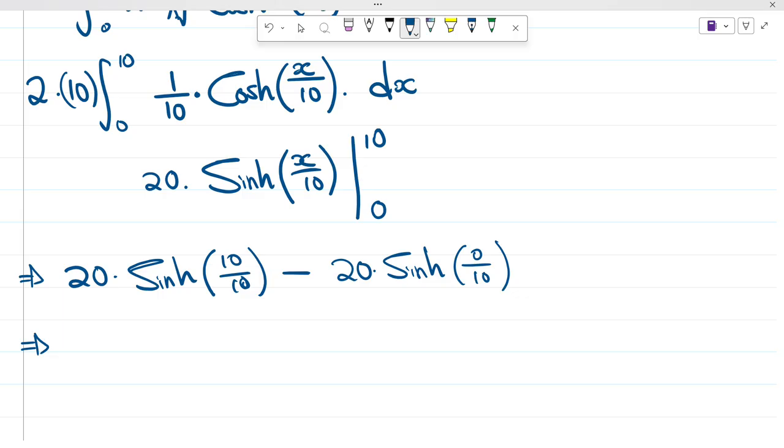So just a second, I'm also pressing on my calculator. Please be patient with me. Hyperbolic sine of 1, minus 20 hyperbolic sine of 0.